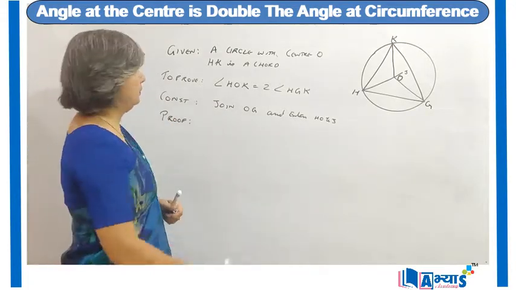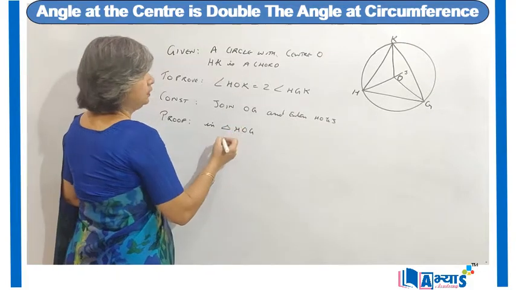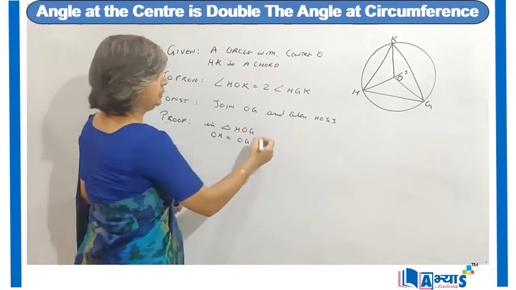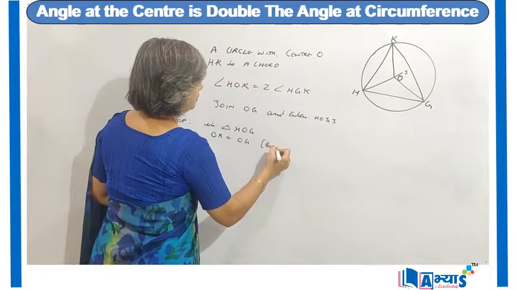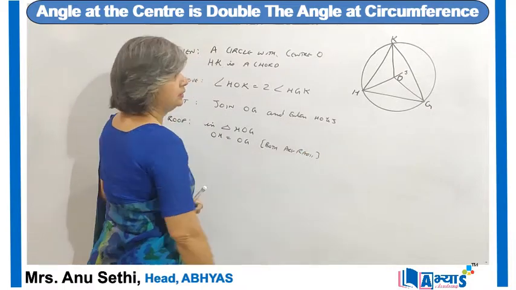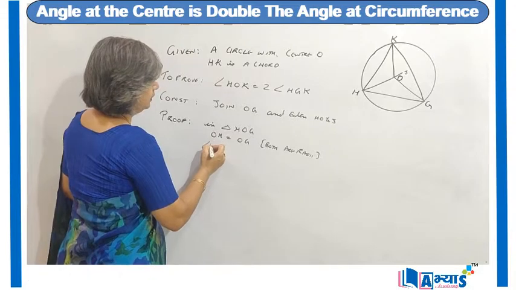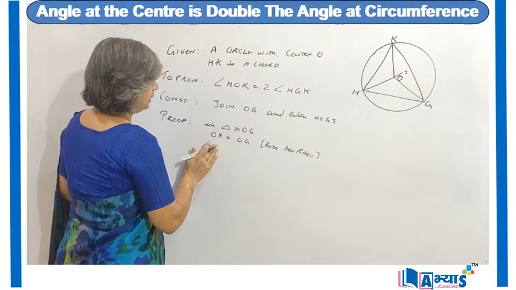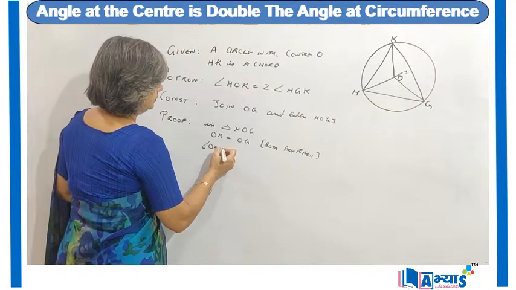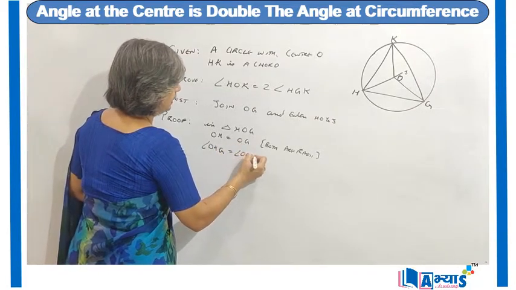Now in triangle HOG, OH is equal to OG, both are the radii of the same circle. So angle OHG is equal to angle OGH.